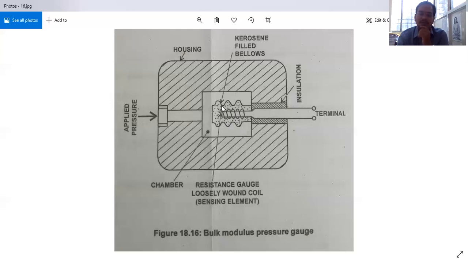This in turn affects the resistance of this conductor overall. So when the resistance of this material is changing, that will be a measure to determine the pressure of the applied measurand.